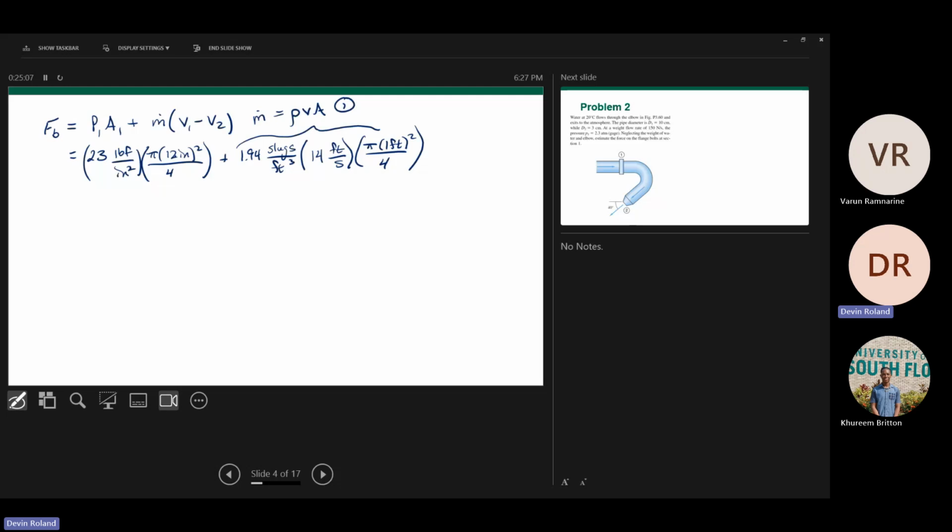So this whole term here is the mass flow rate, and then we multiply by 14 feet per second minus 56 feet per second. When you calculate that whole thing out, what you will get is 1,705.337 pounds force.